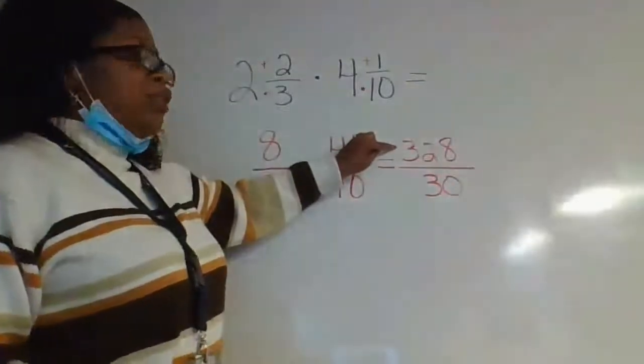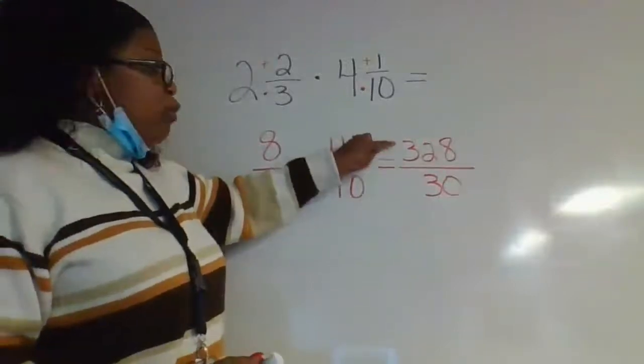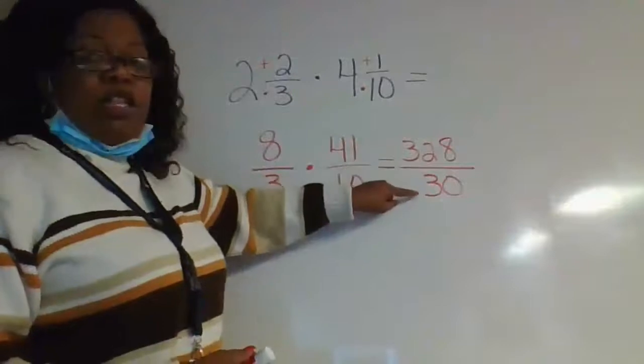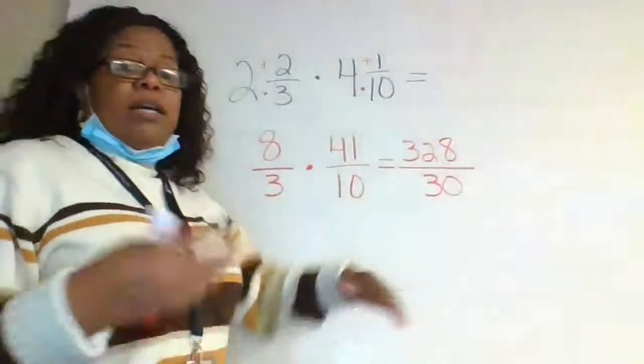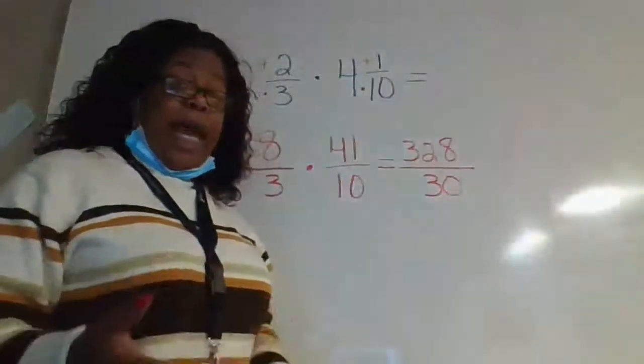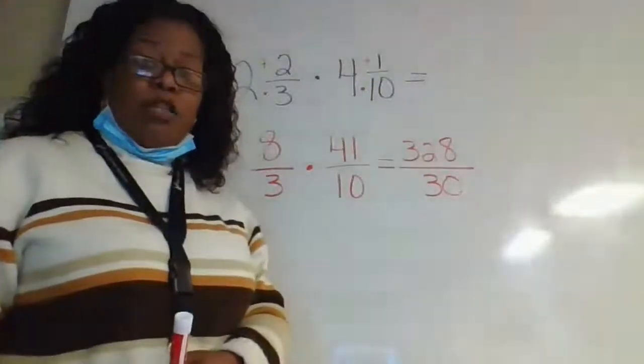So 328, remember this line means divide, so 328 divided by 30. Now some of you, if you use a calculator, your answer is going to be a decimal.